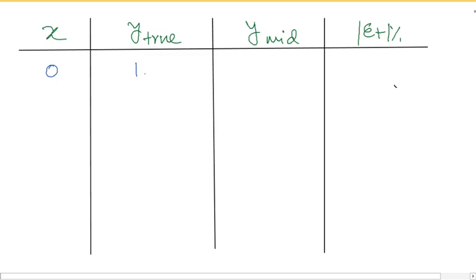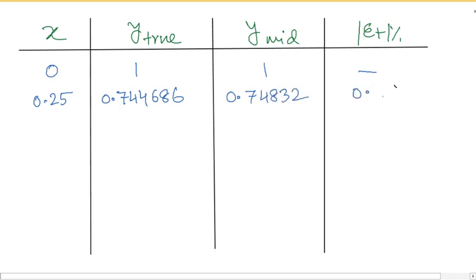Zero, 1, 1 at the beginning. For 0.25, it becomes 0.44686, it becomes 0.74832, and the error was 0.488%.